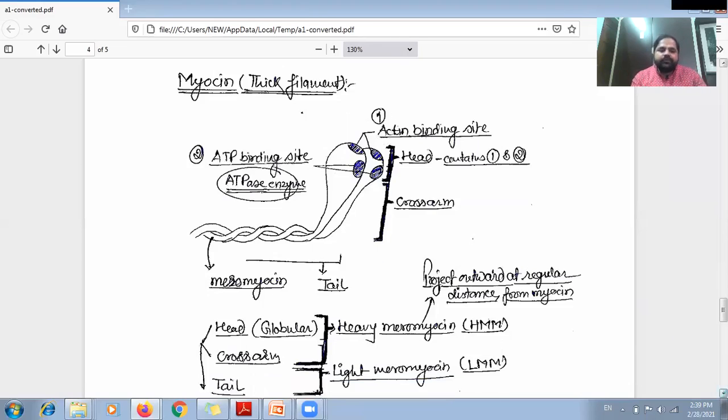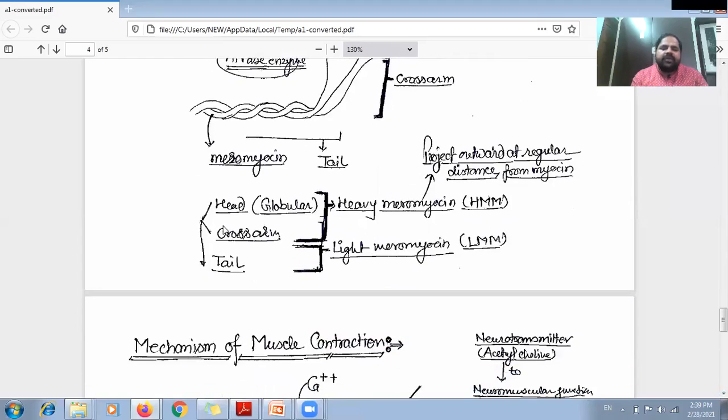Now the same thing has been written here also, that there are the tail, there are the cross arms and there are heads, and these heads are globular structures, and these head and cross arms are heavy meromyosin.